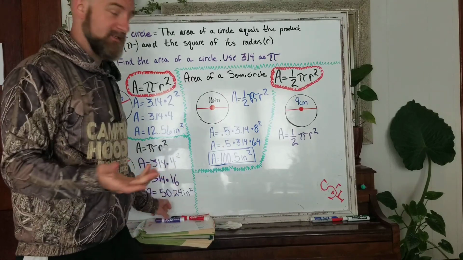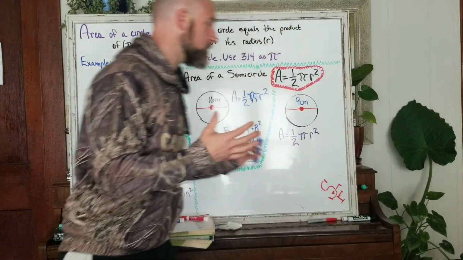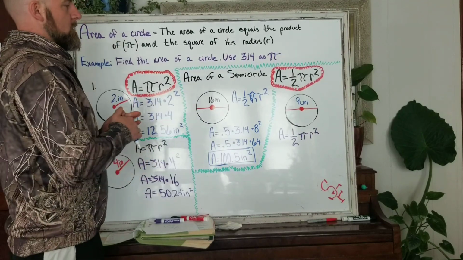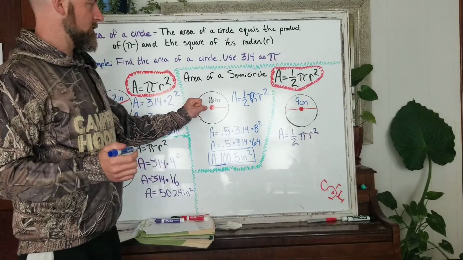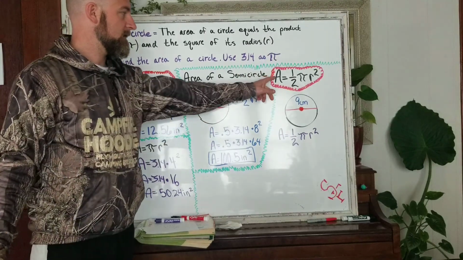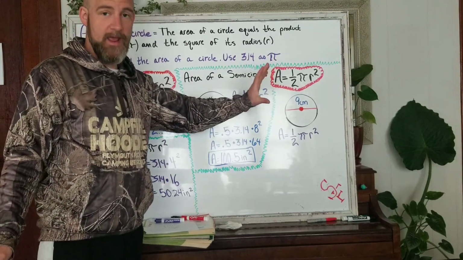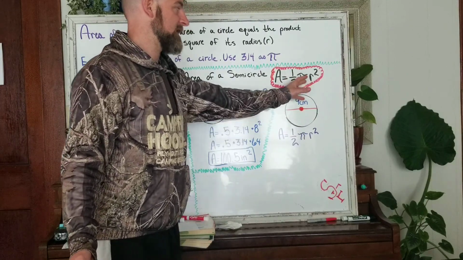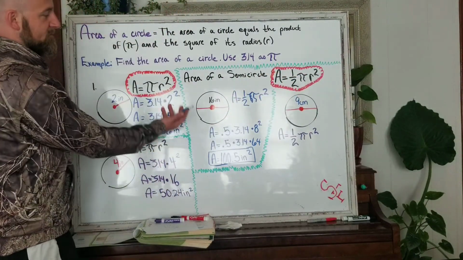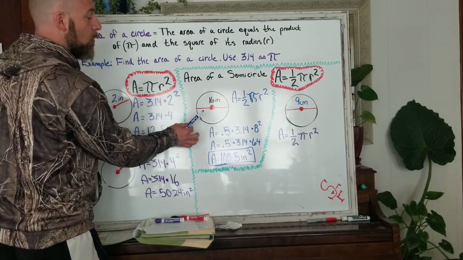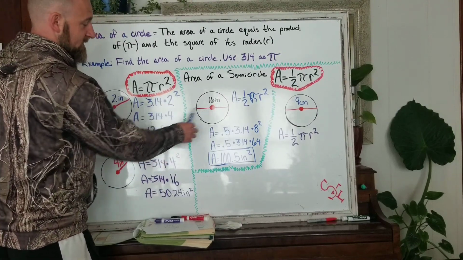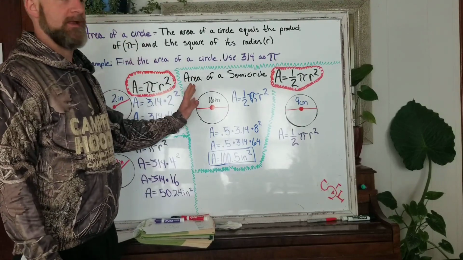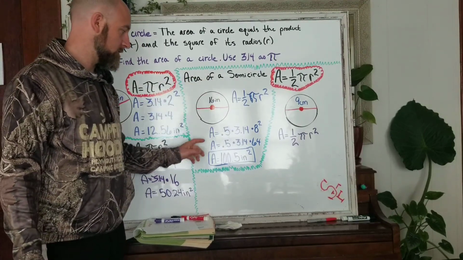Okay, now we're going to move on to semicircles. You're given the full circle, and you have to find half of the area. So here, A equals half, pi 3.14, times the radius squared. Our first example: the full circle's diameter is 16 inches across, so we take half of that, which is 8.